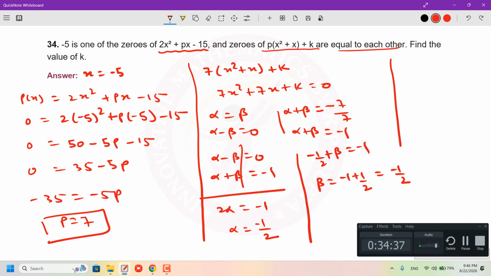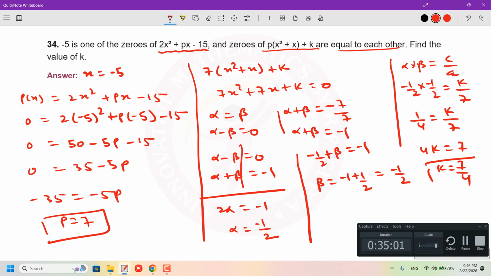Now what we need to find out? Alpha into beta is equals to c upon a. So alpha into beta is minus 1 by 2 into minus 1 by 2 equals to k upon 7. So 1 by 4 equals to k by 7. So 4k equals to 7 and k equals to 7 by 4. This is your answer.